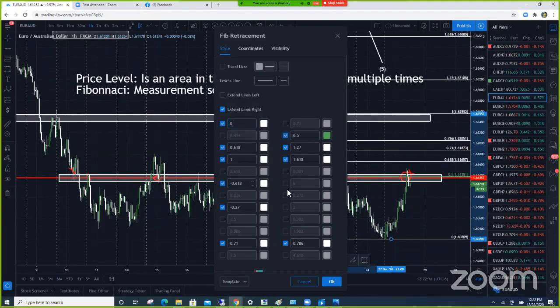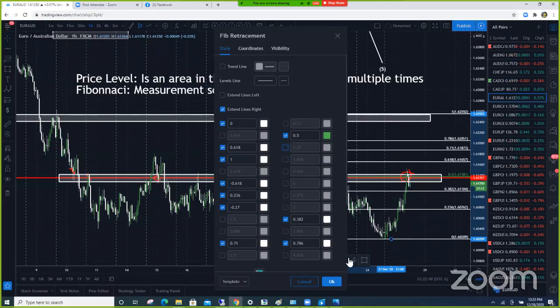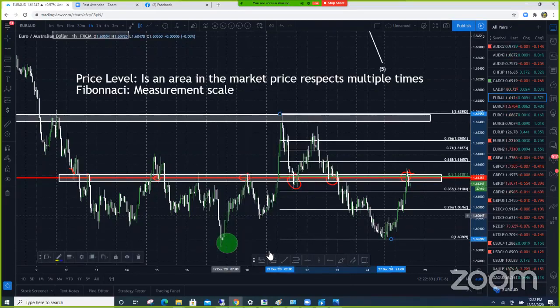There, that shows what it looks like on regular charts. So now you have areas in price where people might be inclined to buy. And the Fibonacci is a form of support and resistance when used correctly.